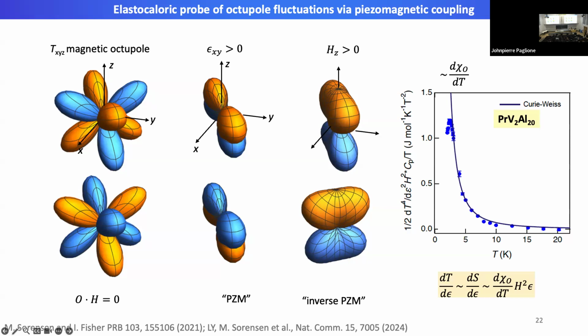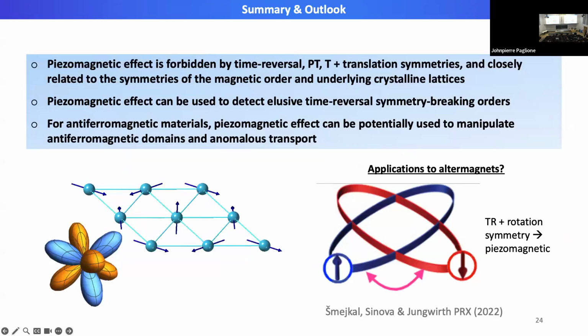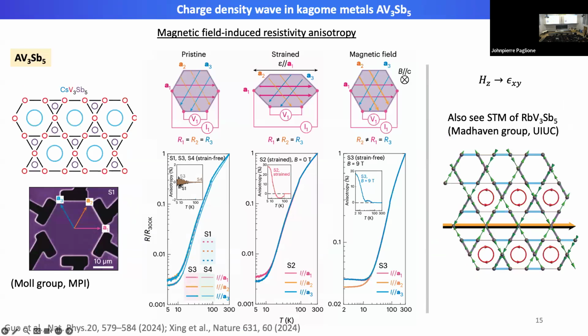So I have a question. Oh, yes. Back to the experiment. Oh, sure. So you're suggesting this is a signature of time reversal breaking, ultimately, right? But then why doesn't it onset at the charge order transition? Do you have a comment about that? It seems to onset around 20 Kelvin.